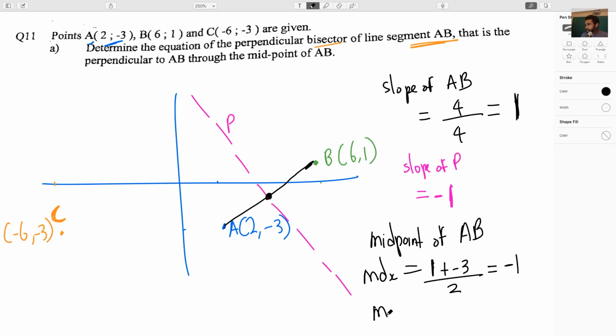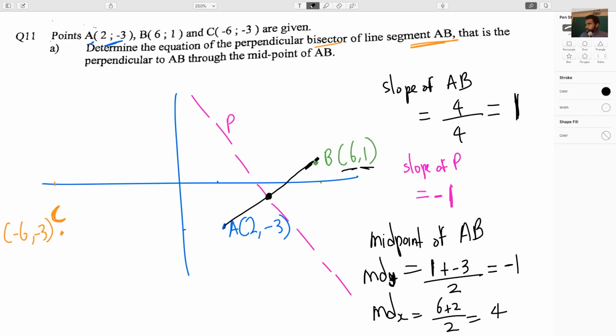And then MD sub x, we do the same thing but for the x's. Oh no, what I just did was the y's, sorry, and now we do the x. The x of course would be, here we have 6 and we have 2, so that will be 6 plus 2 over 2, which will give us 4.